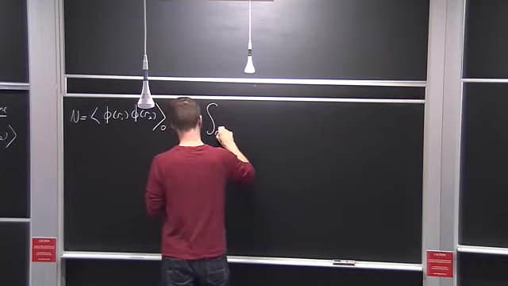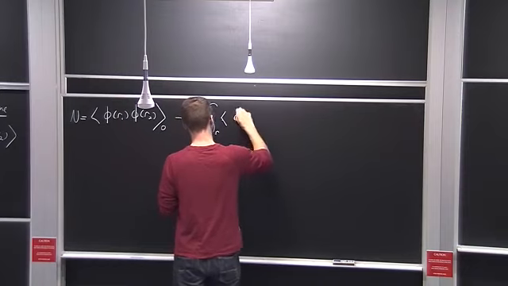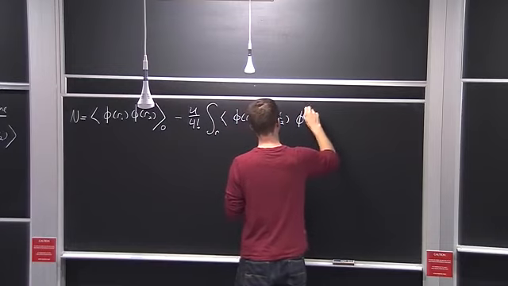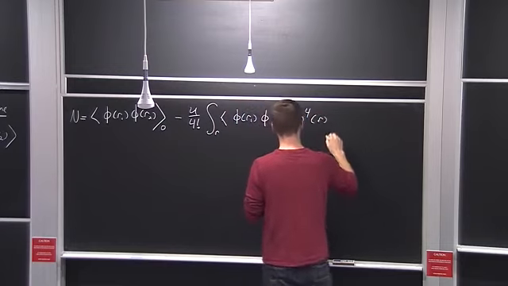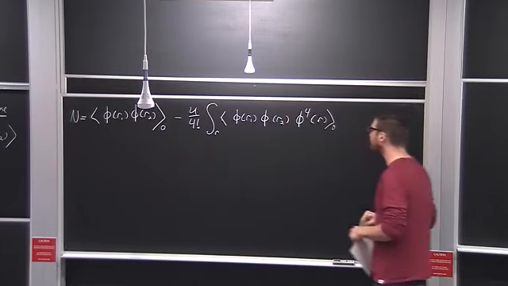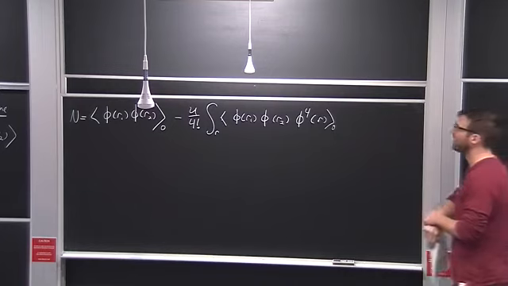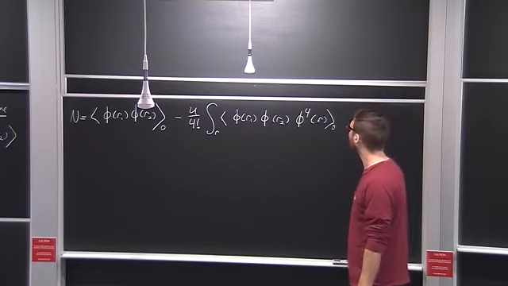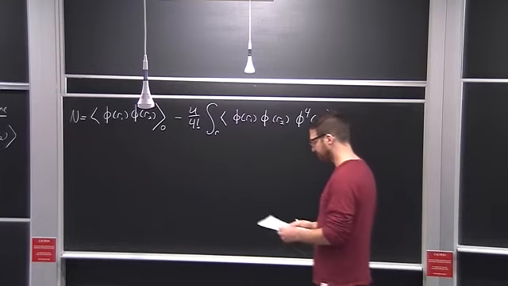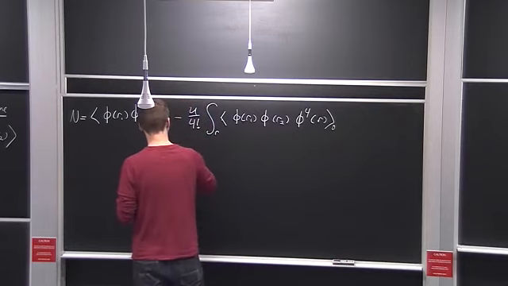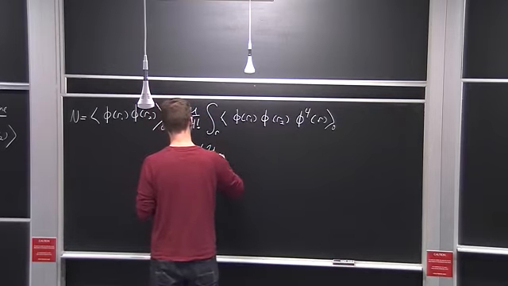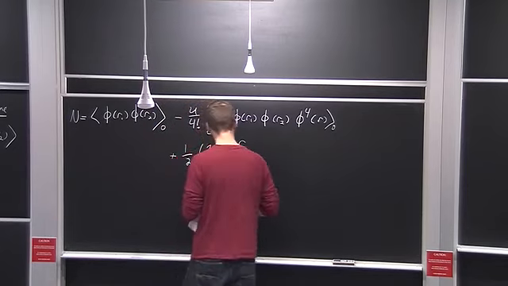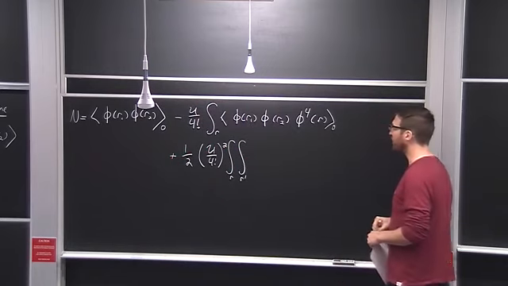The second term is k equals 1. So it's one power of S_I, one power of the φ⁴ term. And then the next term in the expansion would be the k equals 2 term.